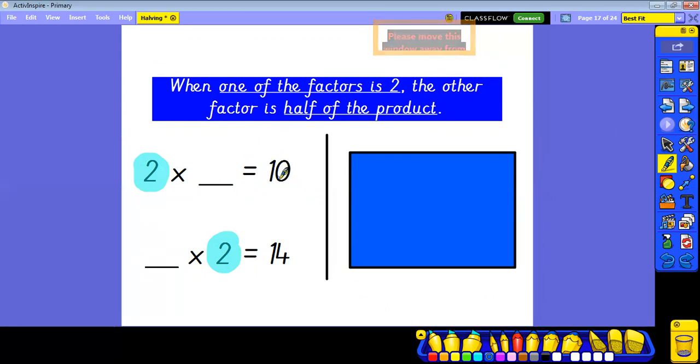So what I'm going to do is I'm going to count in my 2's until I get to 10. So 1 2 is 2, 2 2's is 4, 3 2's is 6, 4 2's are 8, 5 2's are 10. I'm stopping because I've reached 10 and I counted 5 2's. So that means that 5 is half of 10.